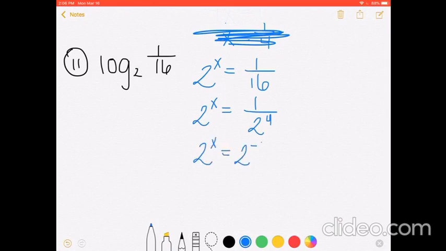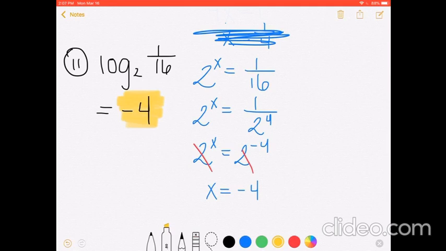And then now we're going to use that inverse property of exponents to bring that 2 to the 4th up in the numerator and make that power negative. And then now I have the same base on both sides. Once you have that same base, you can get rid of them, use that equality property, and then you have x is equal to -4 here. So we have log base 2 of 1 over 16 is equal to -4.